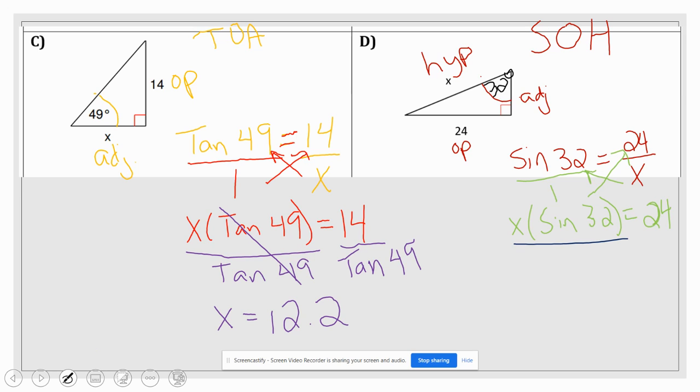I'm going to divide both sides by sine 32 to get x alone. And then in our calculators, 24 divided by sine 32, and we get a hypotenuse of about 45.3, because we'll round that 2 up to a 3.